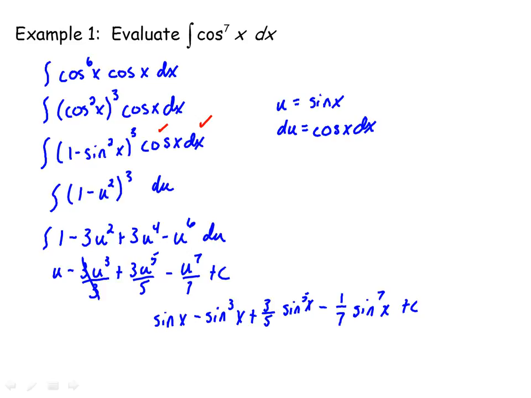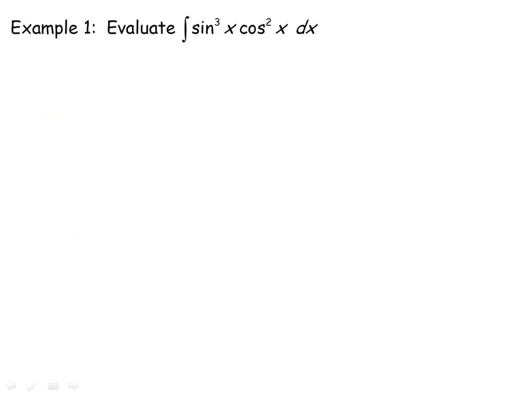So one more time. So do you see this? One of them's even and one of them's odd. And that's why I stressed a while ago, if either one of them is odd, you want to use this technique.